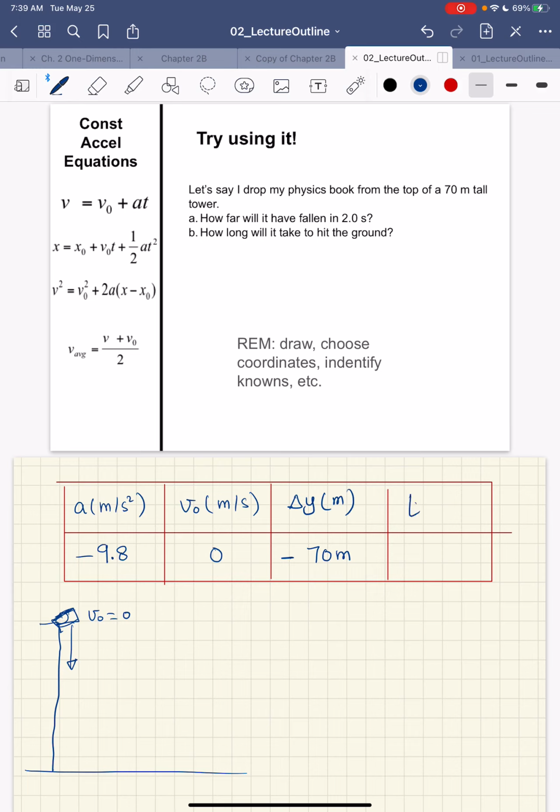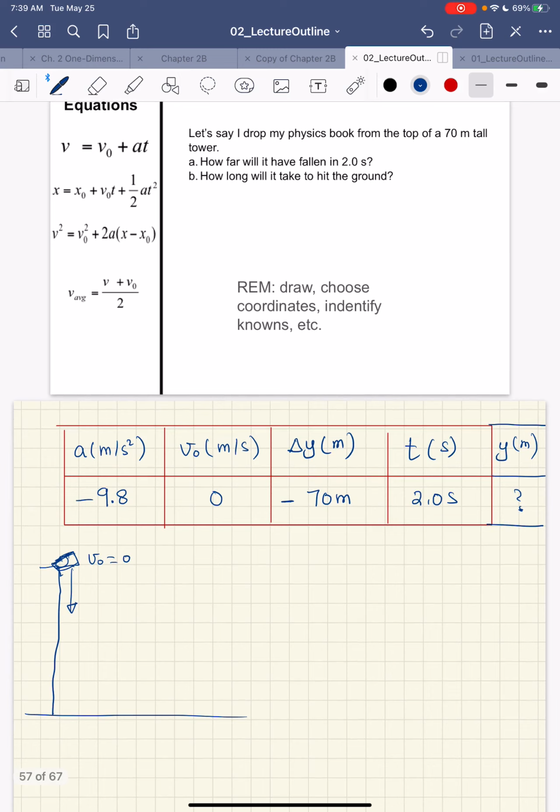Then this is the time, and it is 2 seconds, and we want to know what y is at this time. Now also I need to have my coordinates here. It's very important.